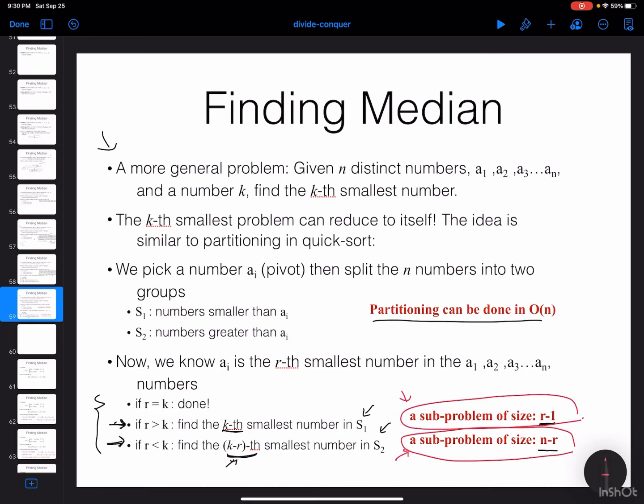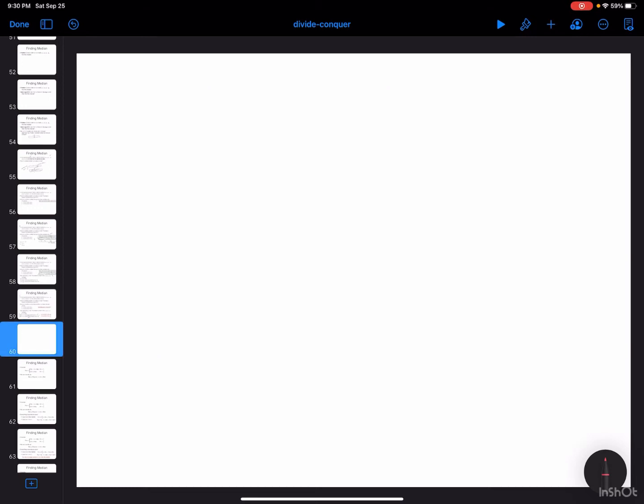So when I'm writing the time function, this is going to be either solving t of n minus r or solving t of r minus 1. Okay, and there is going to be some cost of the partitioning that I'm going to write as O of n. But which one should I write, this one or this one?